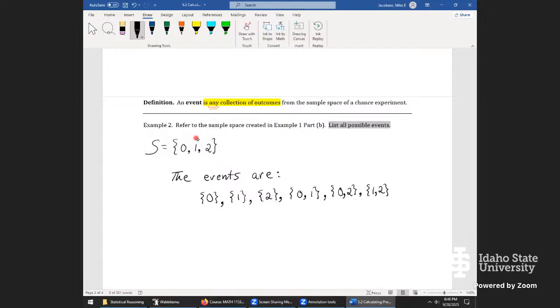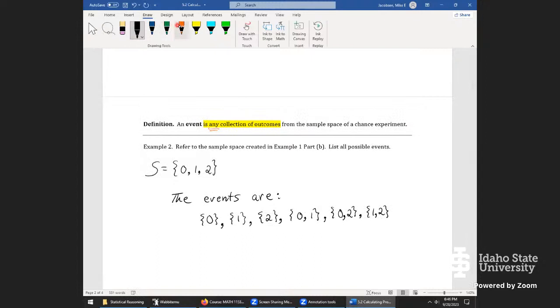And one thing about sets is I'm only writing down 3 of these. The set 0, 1 is the same as the set 1, 0. Let's make that an additional comment on the notes. 0, 1 as a set is the same as the set 1, 0, since sets are unordered.